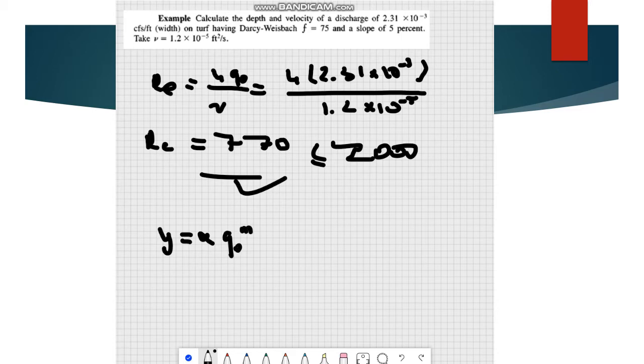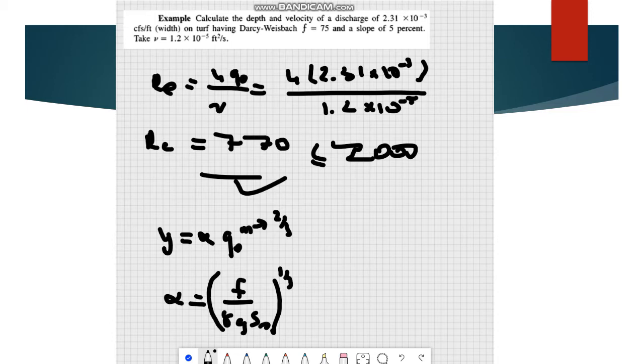For laminar flow, we know that m is 2 over 3 and alpha is equal to f over 8 g S0, to the power 1 over 3.